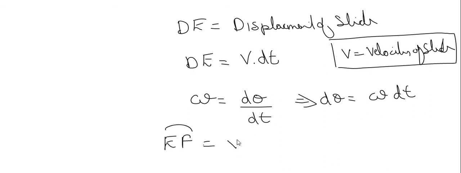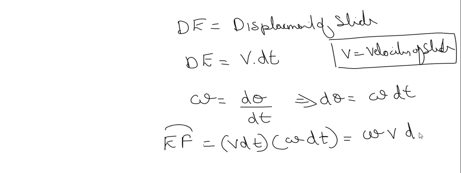So dE will be v dt times omega dt. That is equal to omega into v into dt square.